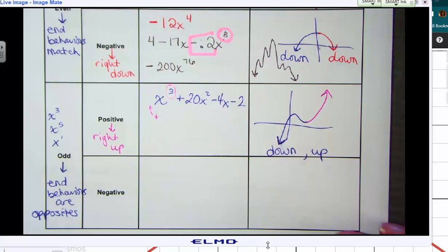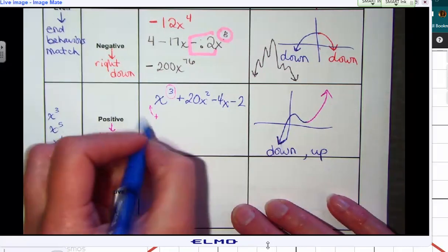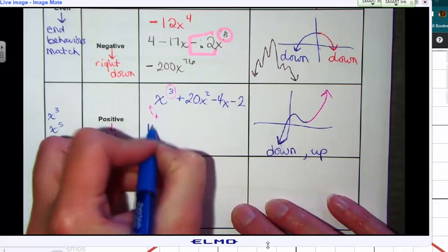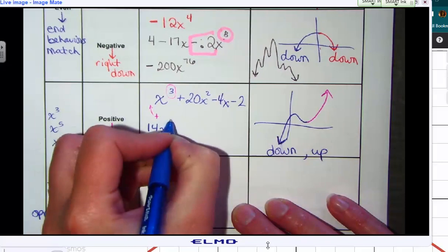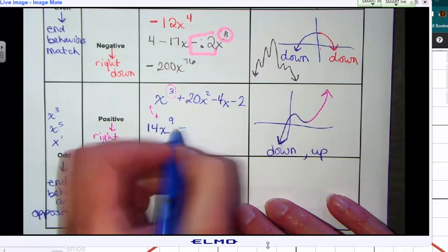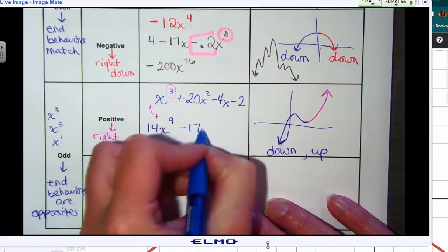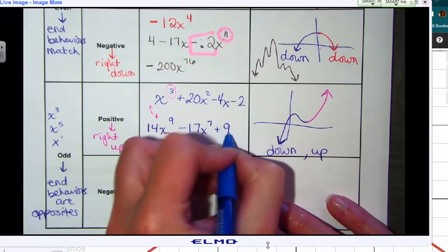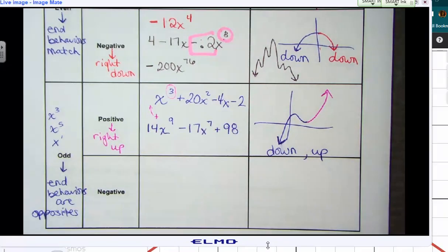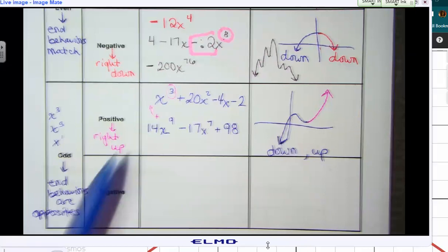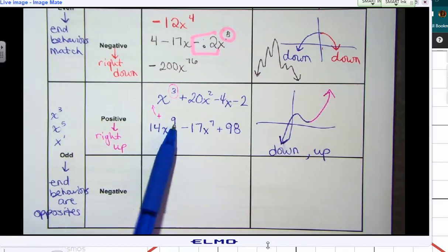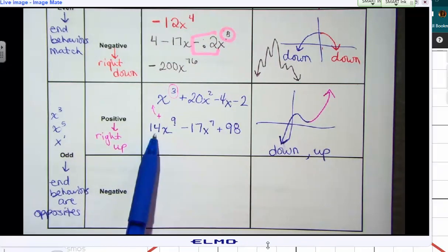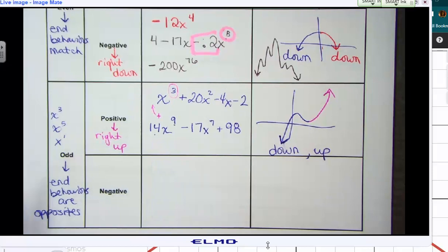Okay. So other examples of this might be something like 14x to the 9th power minus 17x to the 7th power plus 98. I'm just kind of making some stuff up here. All I care about is the degree and the leading coefficient, whether it's positive or negative.